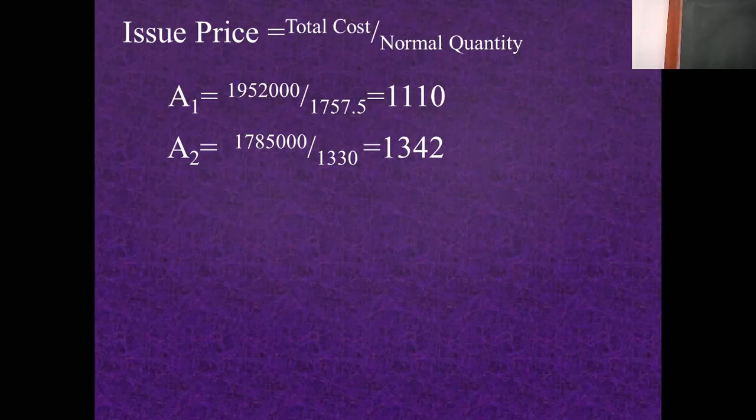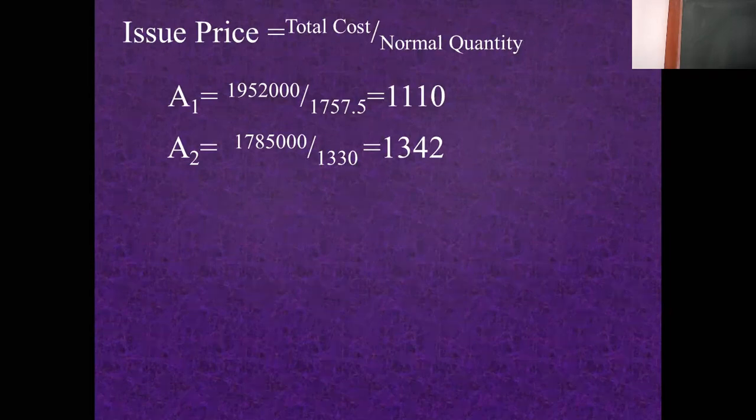And second is 17,85,000 is total cost. Normal quantity available to you is 1330. So you divide by that, this 1342 is the rate per unit. Okay, rate per unit. You purchase at different rates, but its value per unit is different.